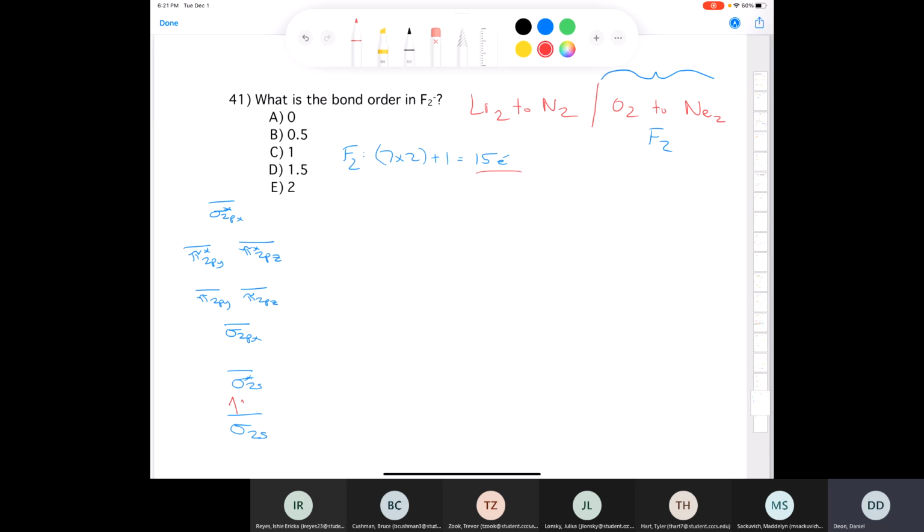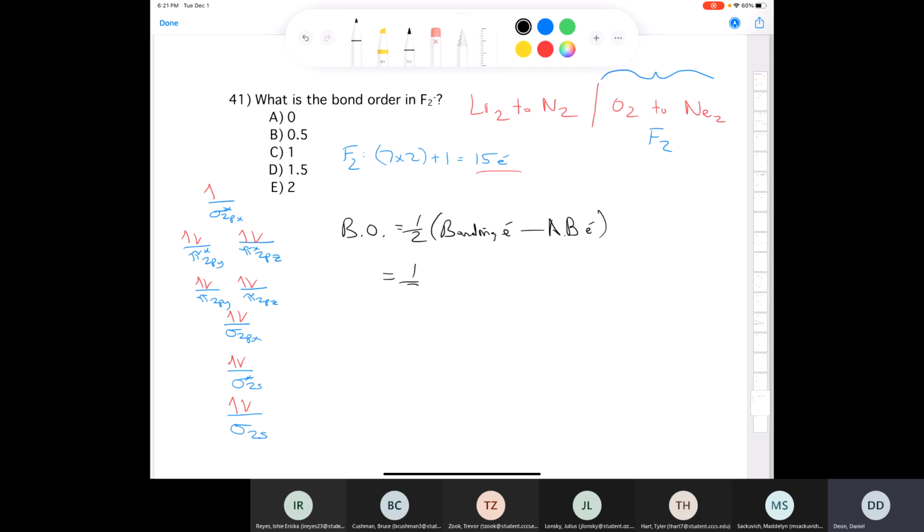We're going to have 1, 2, 3, 4, 5, 6, 7, 8, 9, 10, 11, 12, 13, 14, 15, like that. Bond order is equal to 1/2 the number of bonding electrons minus antibonding electrons.